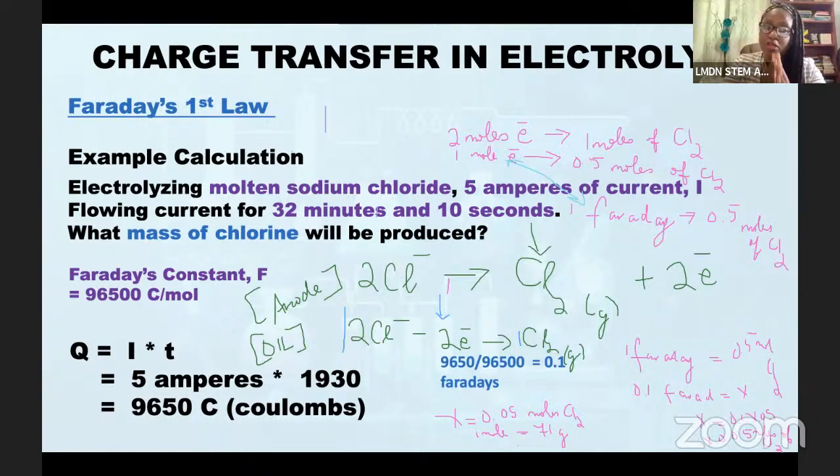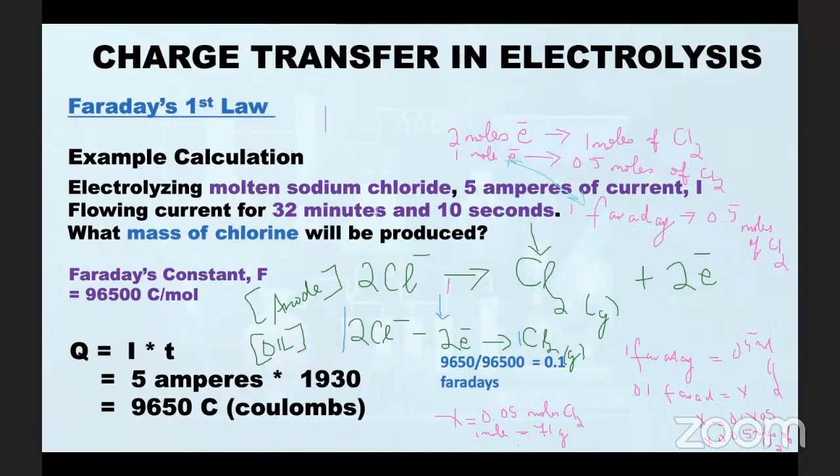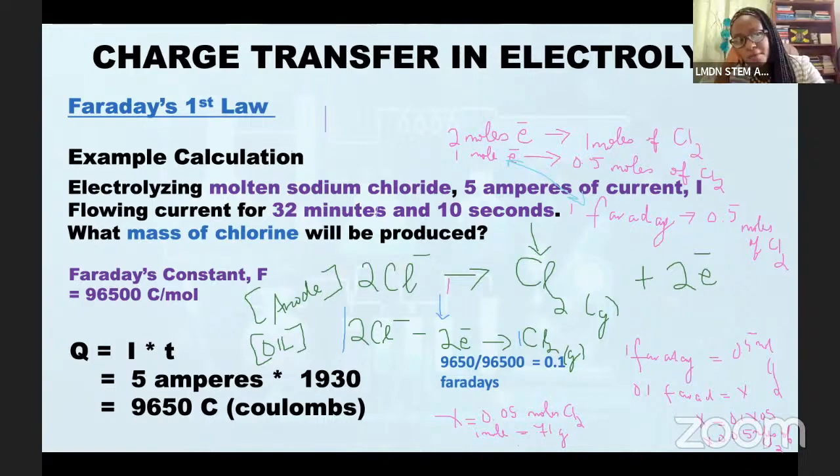So always use 35.5. That's what they determine to be the average. What do we call it? Relative atomic mass. Okay? So you use 35.5, so that means that 1 mole is 71 grams.